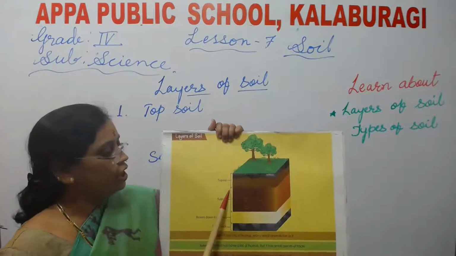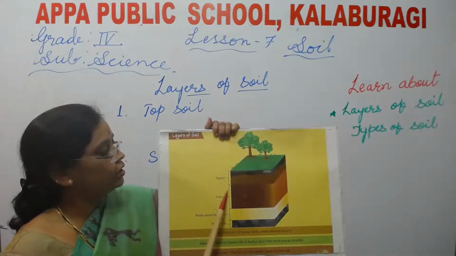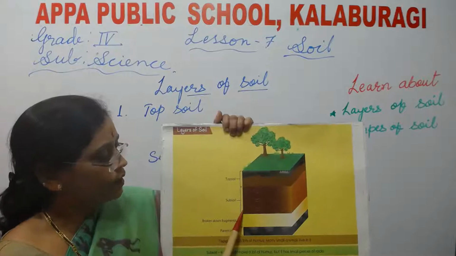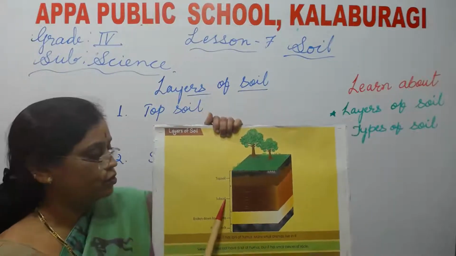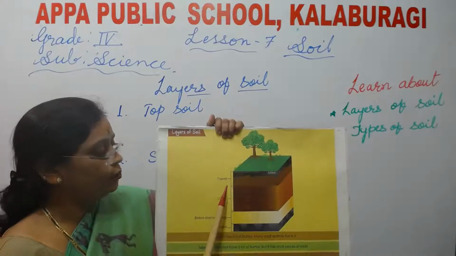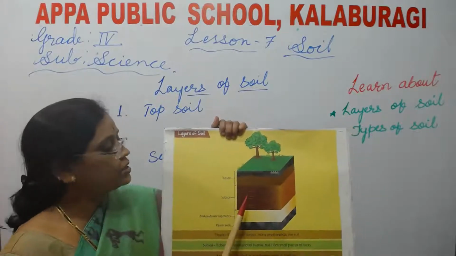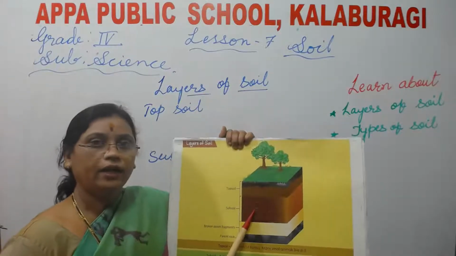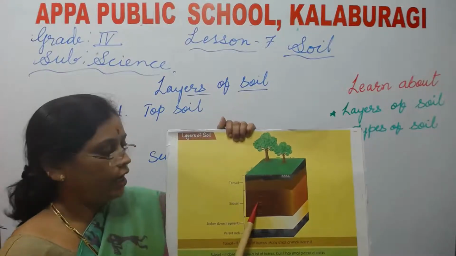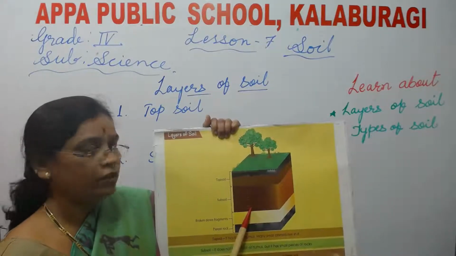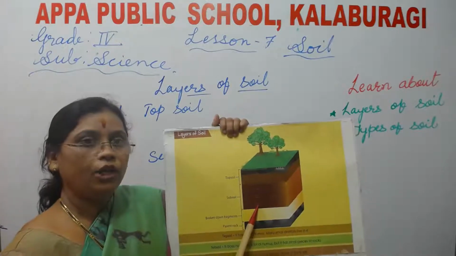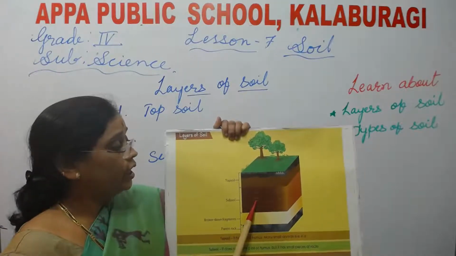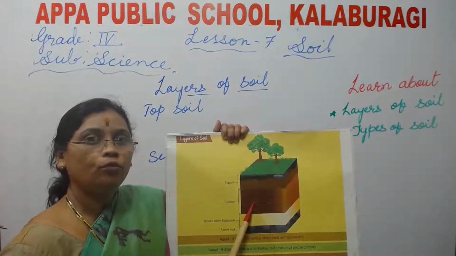Below the topsoil is the subsoil. Subsoil is the layer below the topsoil. It is made up of sand and stones. It may contain mineral nutrients, but it contains no humus.